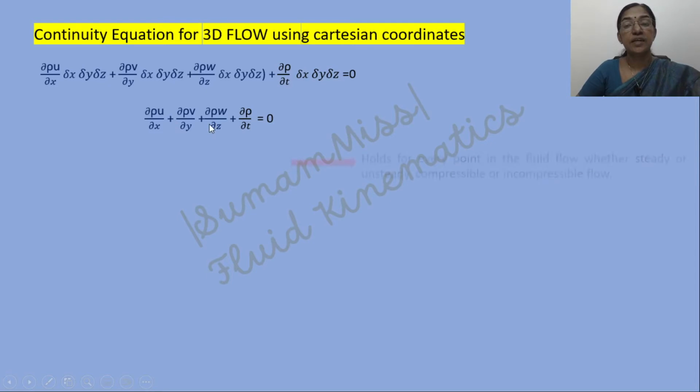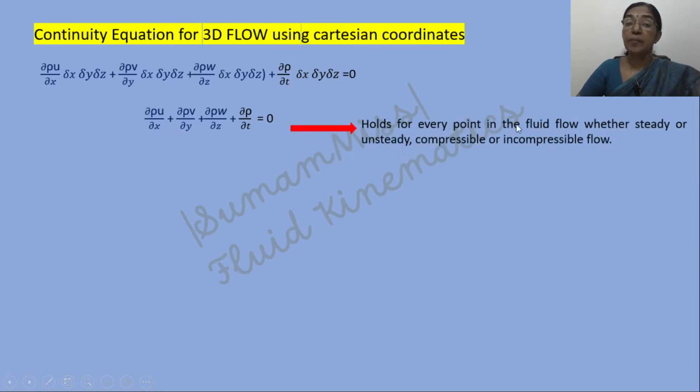This equation holds for every point in the fluid flow, whether steady or unsteady, compressible or incompressible. So this is a general equation, and we can apply it for any type of flow. If the flow is incompressible, density is constant, so the density can be eliminated from this equation.